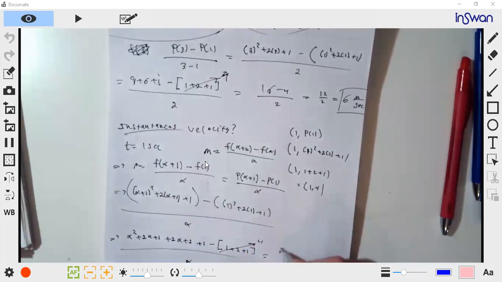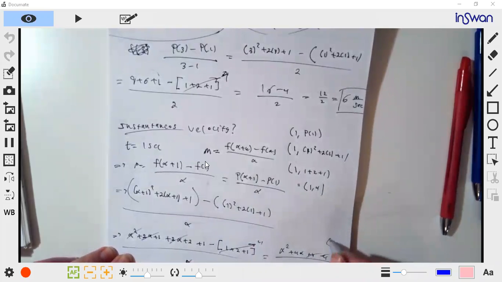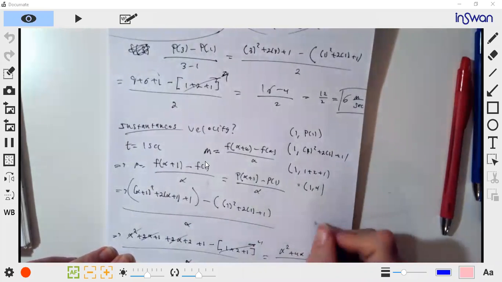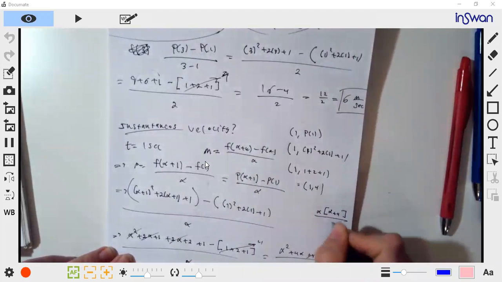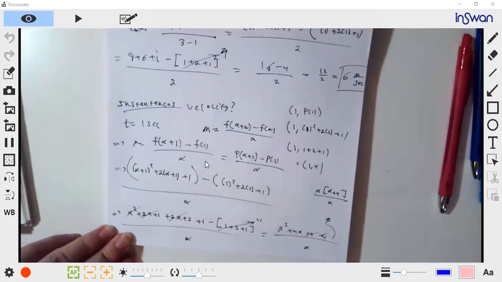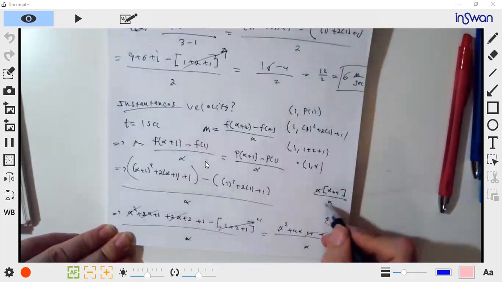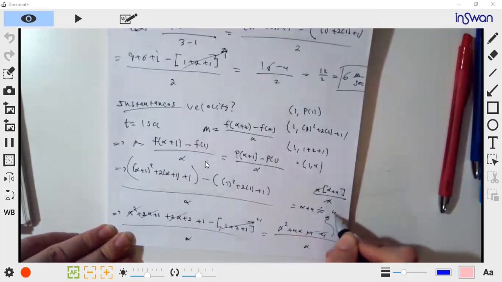So this becomes alpha squared plus 4 alpha plus 4 minus a 4 all over alpha. 4's cancel. Moving the calculation up here, you get that this is alpha times the quantity alpha plus 4 all over alpha. Canceling out the alphas, we get alpha plus 4, which renders the real result 4.